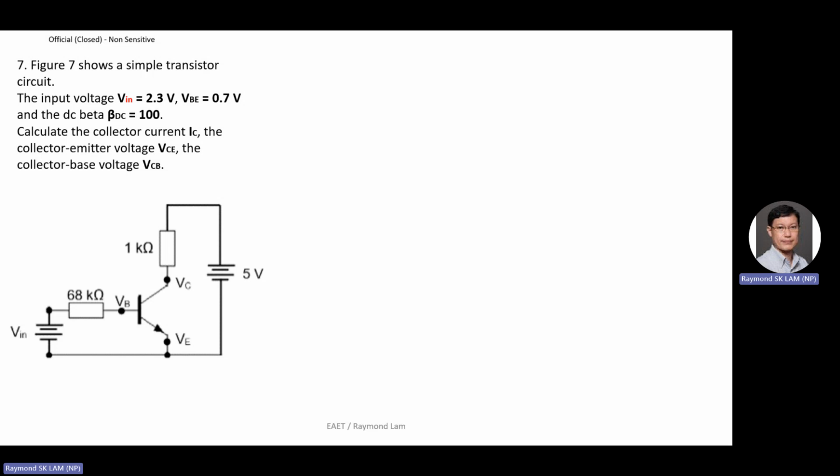So this leg is called base, the other one is called emitter, and this one is called collector. You must know this, and you must label the voltages and current when necessary when you do circuit analysis, like in your EEF.